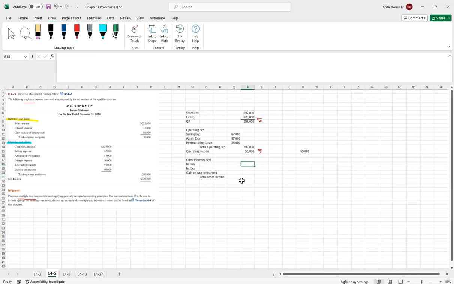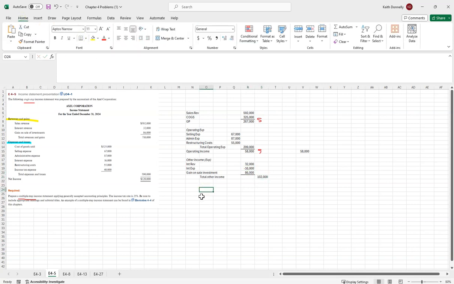So if we were to pluck those numbers out, we got $32,000 there. We got an expense, so it's going to be a subtraction of 16,000. We got a gain on the sale of an investment of 86, right? If we were to sum these guys, we're looking at $1.02. Okay.